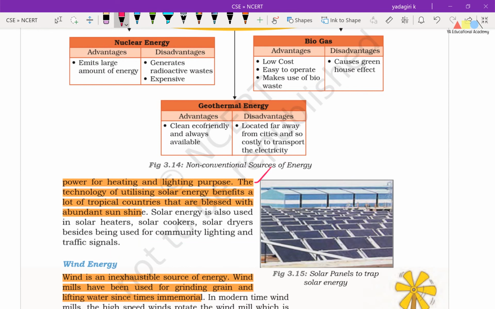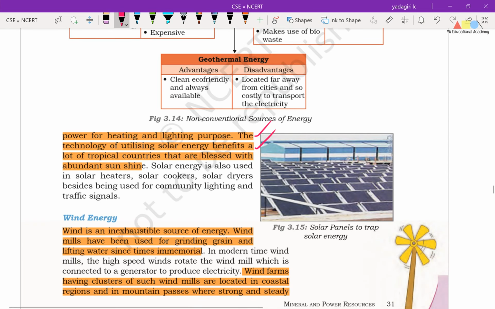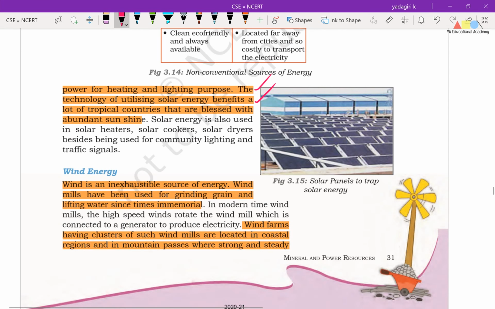Friends, the technology of utilizing solar energy benefits a lot of tropical countries that are blessed with abundant sunshine. So in tropical countries, the sunshine is abundant, and they can greatly benefit from harnessing the solar energy. Friends, in this picture you can see the interconnected solar panels. So these solar panels will trap the solar energy.